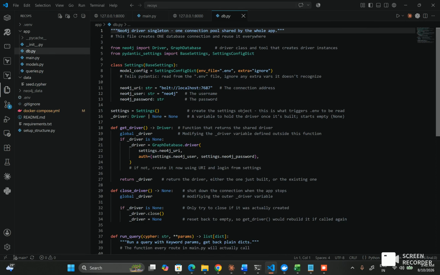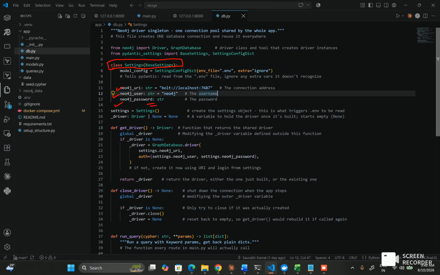Now, the first job is reading configuration. This Settings class reads the .env file, the URI, the username, the password, and turns it into a proper typed object.